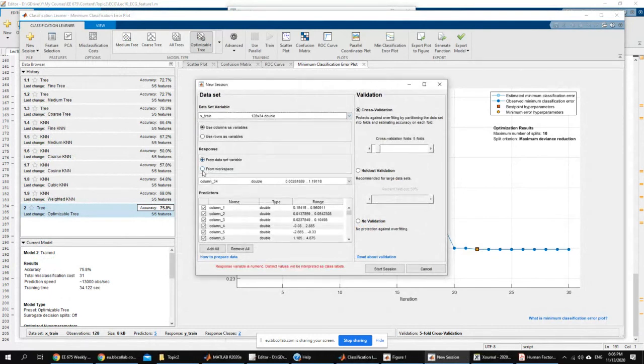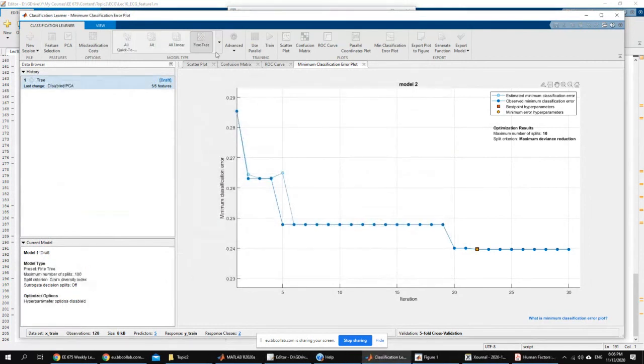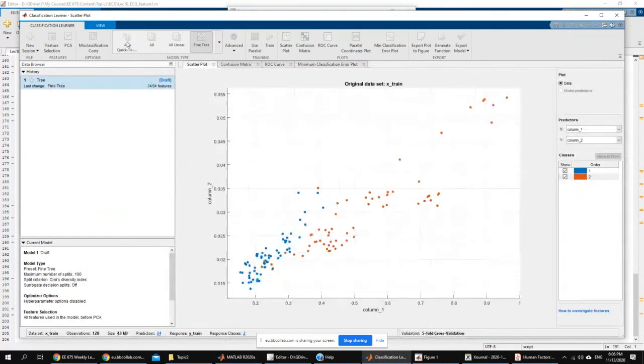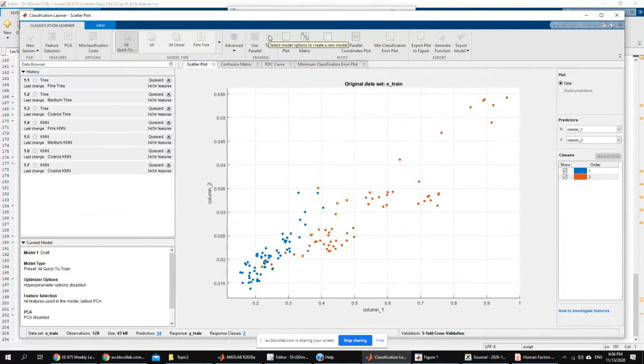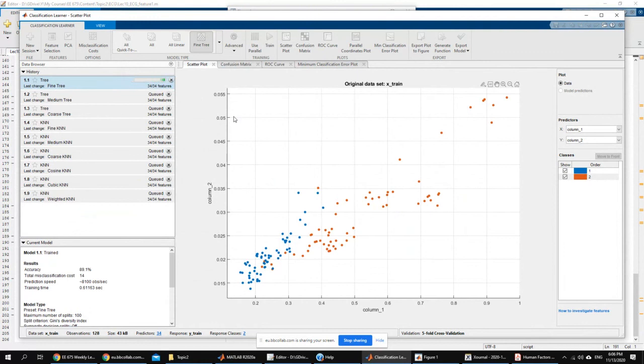X-train, Y train, and that's it. I'm going to try it quickly. We have now 93% and 93.8%.